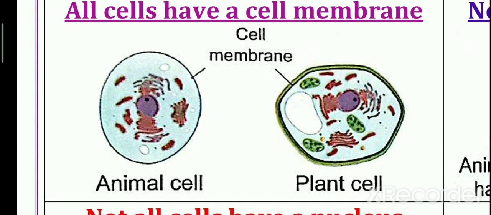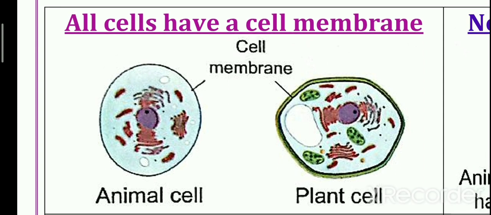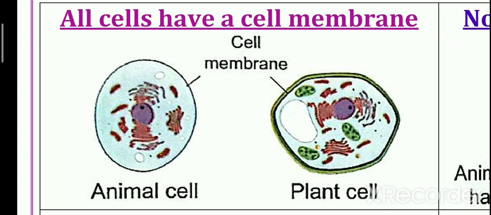It protects the cell, it surrounds the cell from outside, and it has an important function. What is the function of the cell membrane? The cell membrane controls all substances that enter or leave the cell.